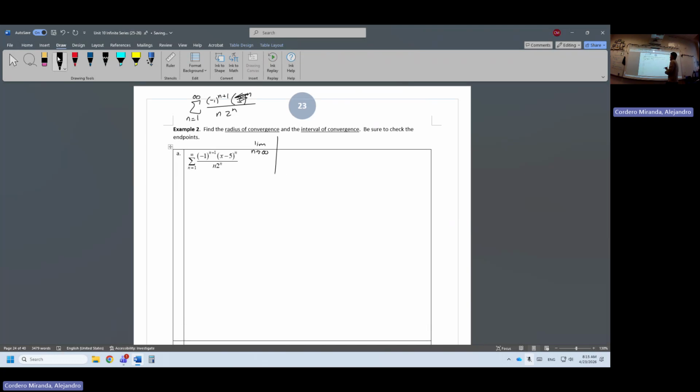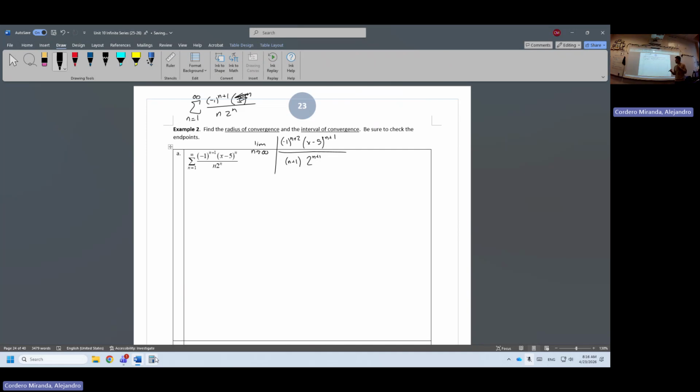Okay, next term over current term, so that would look like (-1)^(n+2) times (x minus 5)^(n+1) over (n plus 1) times 2^(n+1). And then remember, you divide that by the current term, like by the nth term.